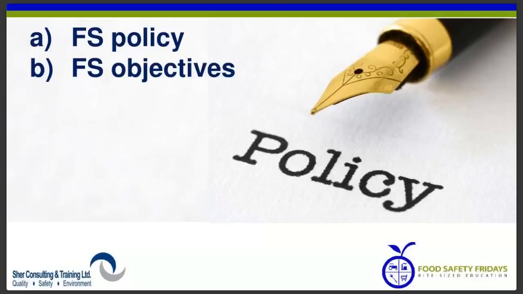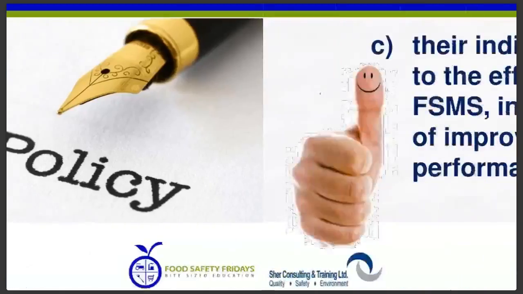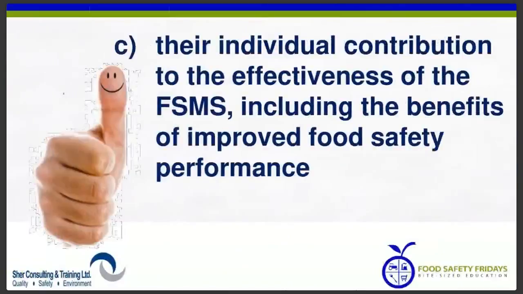Show me you can do it, and now you are competent to wrap sandwiches. That's not enough. I can bring somebody to a high competency of wrapping sandwiches, the standard says, in addition to that, this person must also know our food safety policy. It must know our food safety objectives. It must know, C, their individual contribution to the effectiveness of the food safety management system and include benefits of improved safety performance.